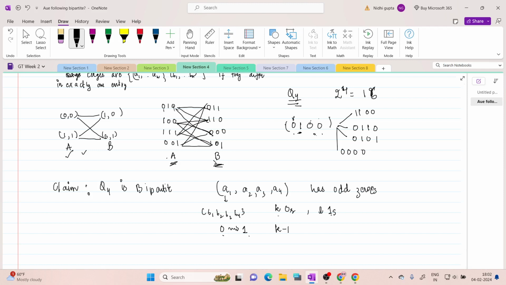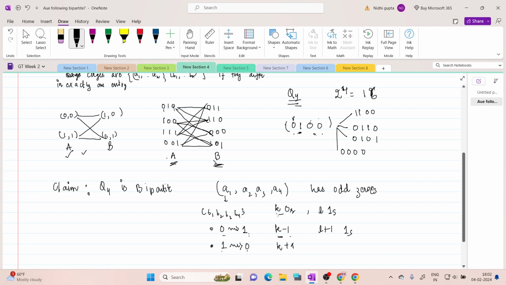Similarly, I'm adding a 1, so I have l plus 1 ones. So if earlier I had k zeros, in the new one I will have k minus 1. Or the second thing I can do is replace 1 by 0. If I replace 1 by 0, I have added one more 0.